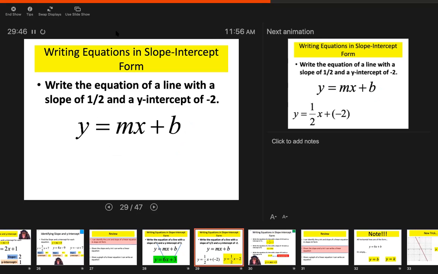Can you write it on your piece of paper? Because it really is this easy. Slope is m, y-intercept is b. So all I'm asking you to do is erase m and write a half, and erase b and write that.